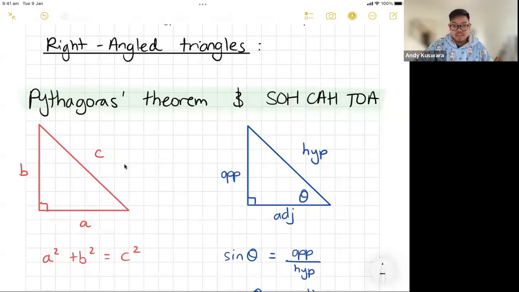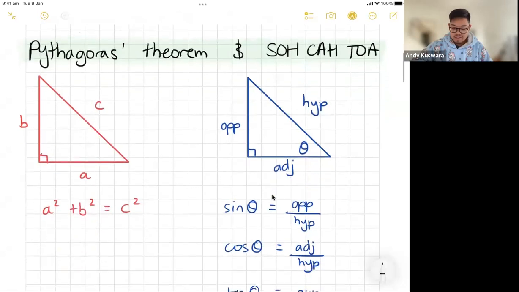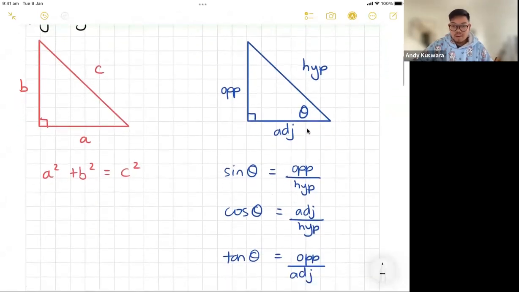And then you also have SOHCAHTOA, which means these are all your different ratios: sine, cos, and tan. SOHCAHTOA is just the way we memorize what's what. If I have an angle here, the side furthest away is the opposite. Hypotenuse is always your hypotenuse. And adjacent just means your closest side.